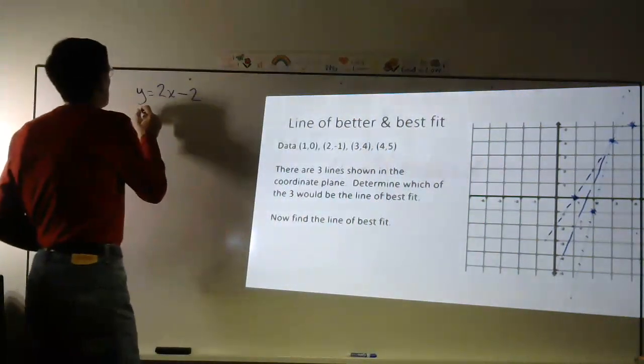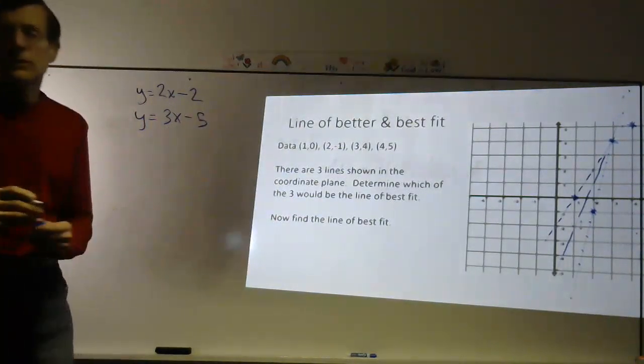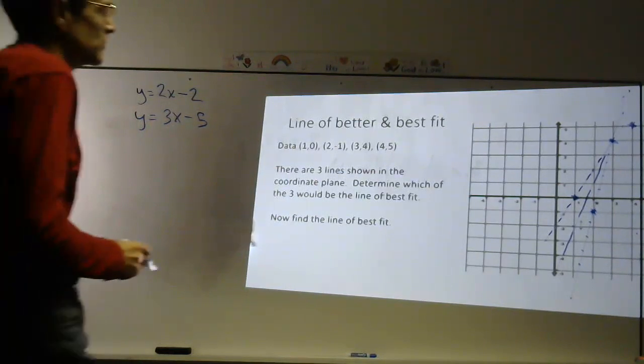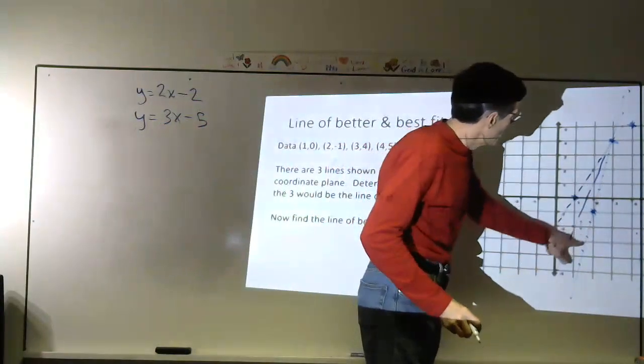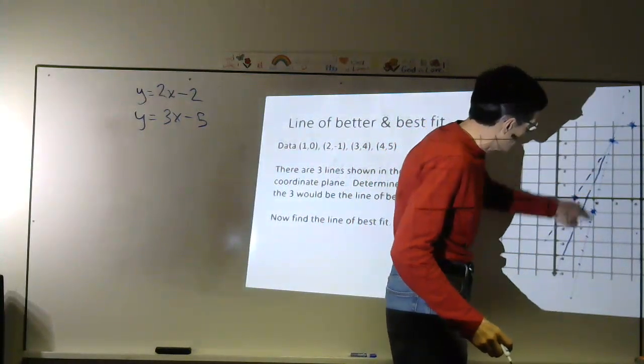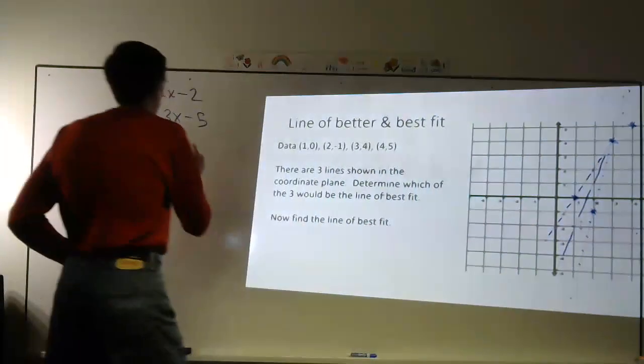So it's y equals 3x minus 5. I hope that you can read that. Now, how about the last one? This line over here, I know the slope is up 5/1. I'm not exactly sure where it hits the y-axis. So I know it has a slope of 5.